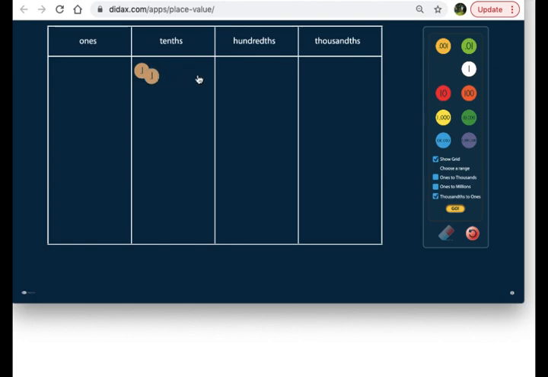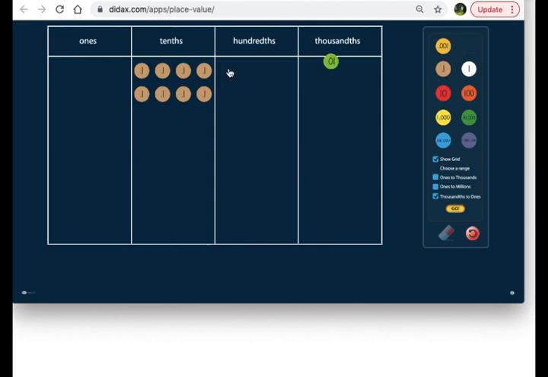1, 2, 3, 4 tenths, 5 tenths, 6 tenths, 7 tenths, 8 tenths. So we have here 8 tenths, and I still need 7 hundredths.